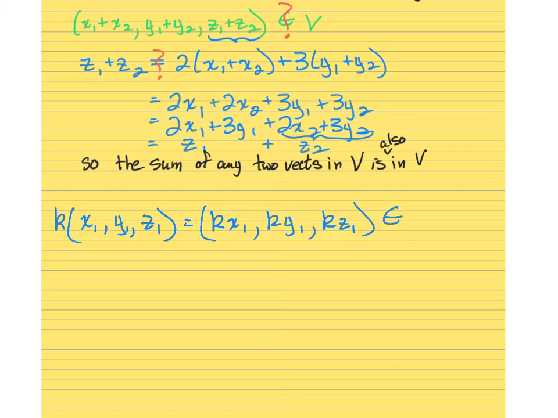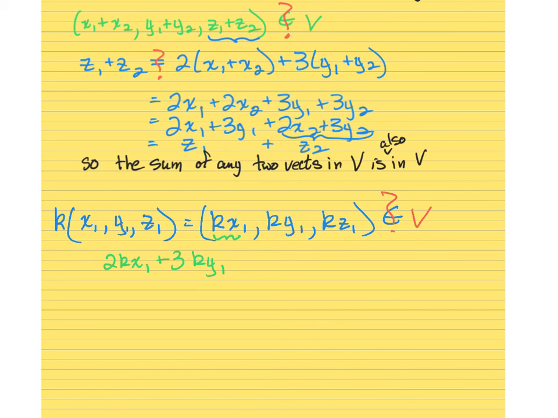Is this in V? Well, how do you check it? The same way we did before. We say, okay, let's take 2 times kx sub 1, 2 times the x coordinate, plus 3 times the y coordinate.